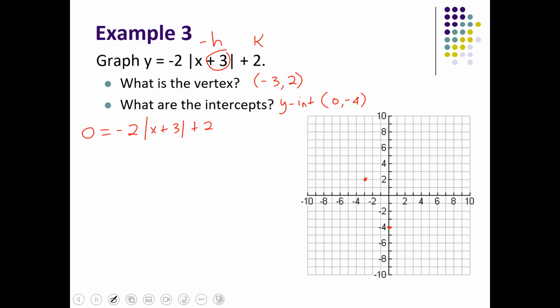To do so, we start outside here and do the opposite to this positive 2. We subtract 2 on both sides. This cancels here. On the left side, 0 minus 2 gives us -2, equals -2 times the absolute value of x plus 3.